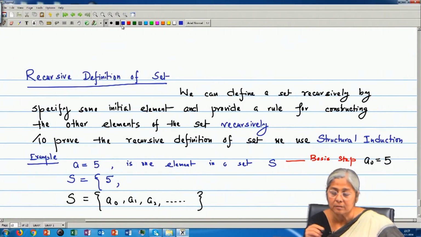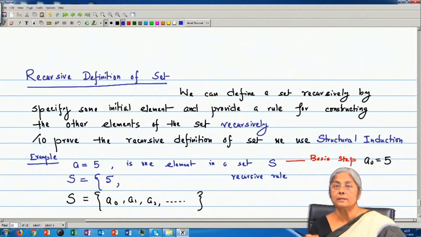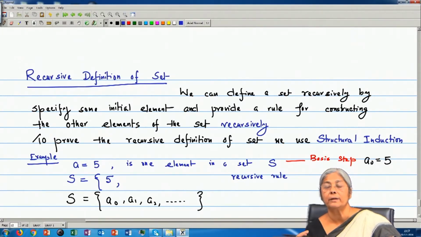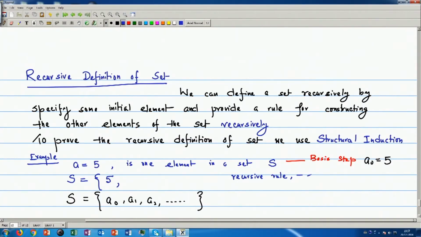The recursive rule is that each element, or the next element, we get as a new element by adding 3 to the previous element.